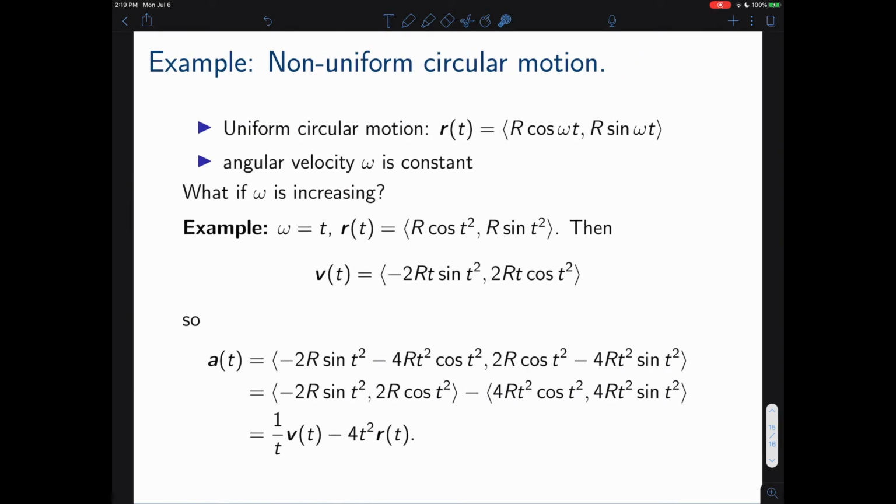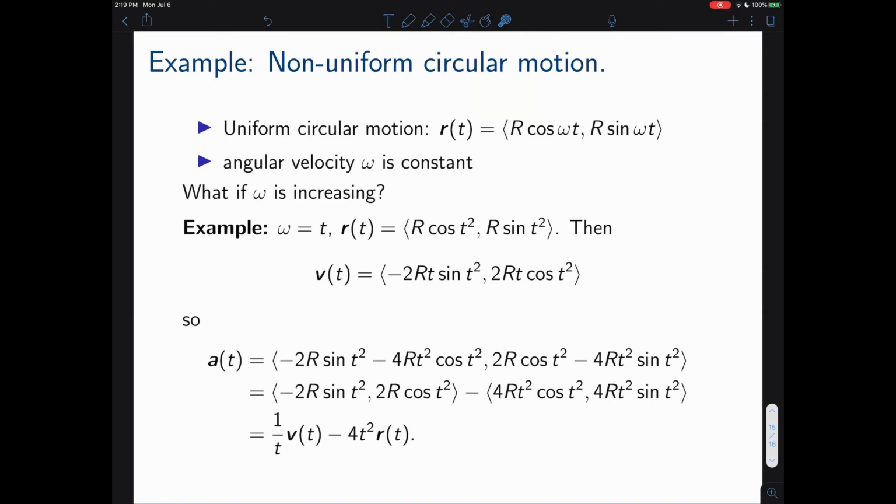Now, to close this out, we're going to go a step further and look at non-uniform circular motion. Uniform circular motion is what we just looked at, and that had a position function with a constant angular velocity omega. But what if omega is not constant? What if omega is increasing?